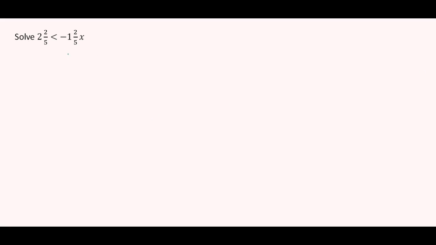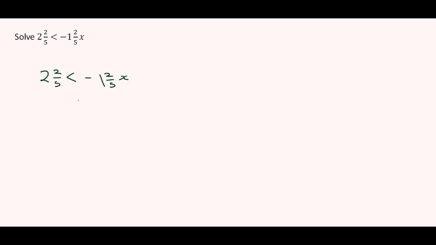And then finally, we have a scenario where the variable is on the right hand side. So what I'm going to do is move the variable over to, actually let's go ahead and just divide. So we have 2 over 5 less than negative 1 2 over 5 x.